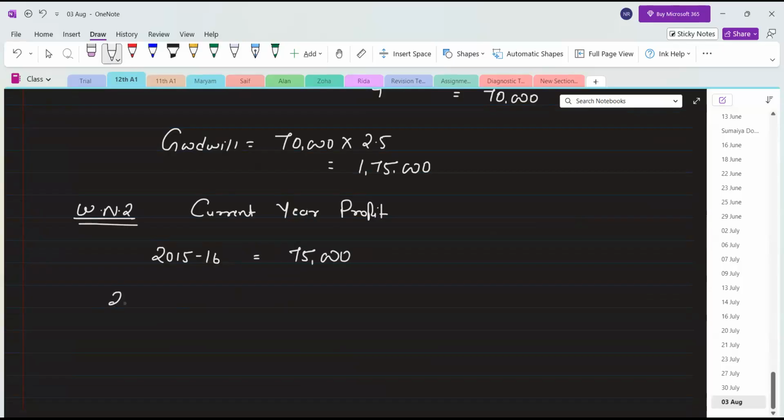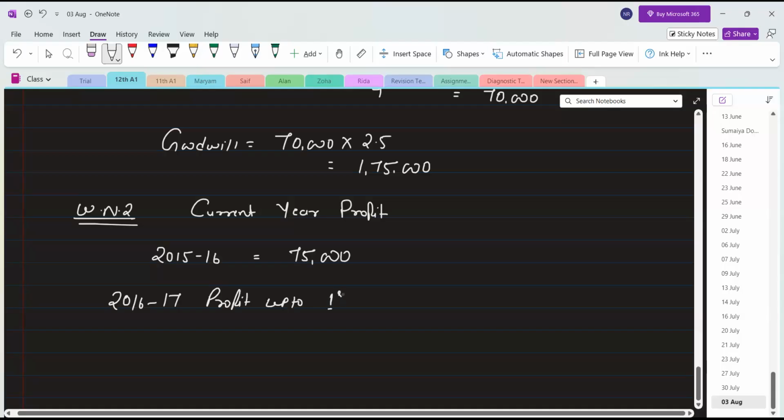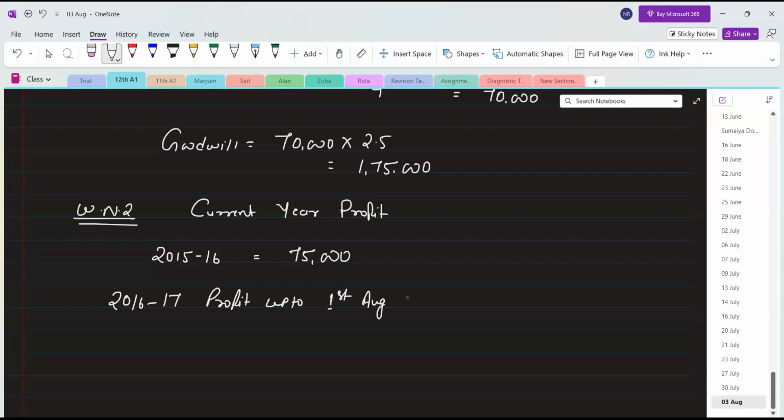It is for whole year. So 2016-17 profit up to 1st August, I think. T died on 1st August. Yes. So 1st August. So it will be April, May, June, July, 4 months. So 75,000 into 4 divided by 12. So it is 25,000. And in this 25,000, share of T we have to calculate.